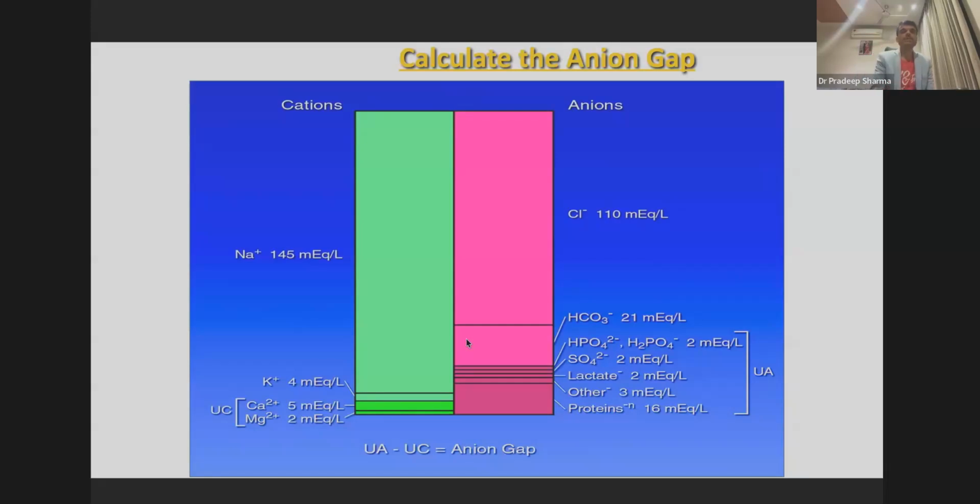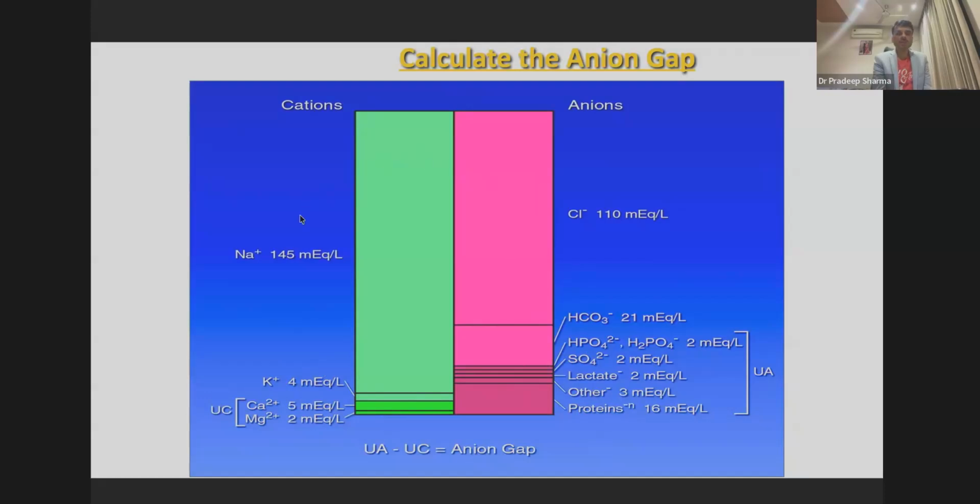The anion gap is the unmeasured anions minus the unmeasured cations. But in real life, you don't do that. You do measured cations minus the measured anions, because of the electroneutrality principle, they will remain the same.